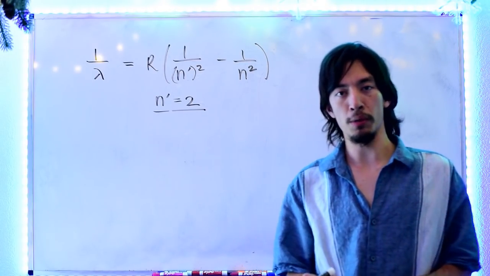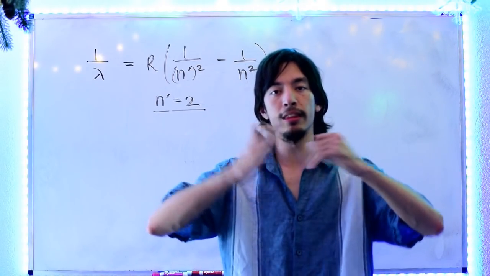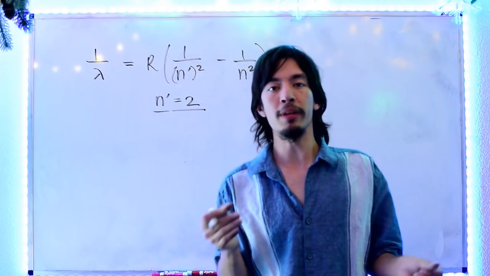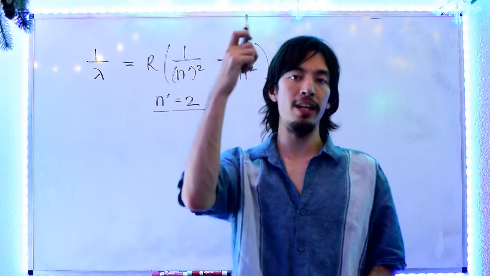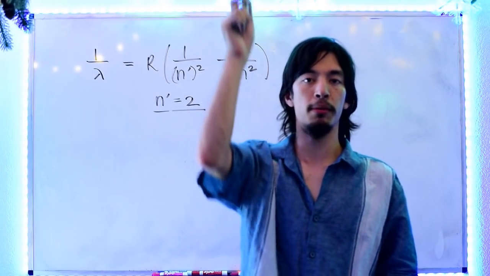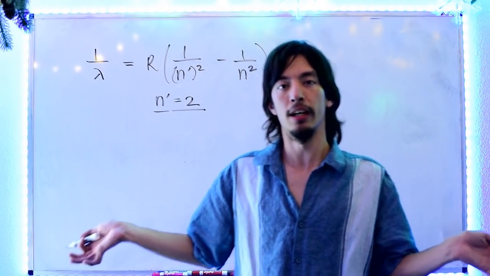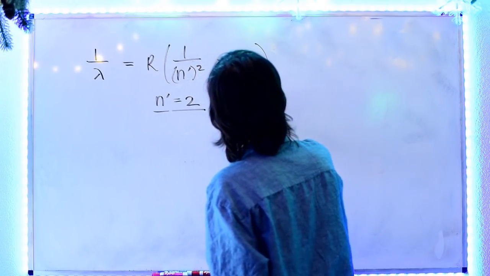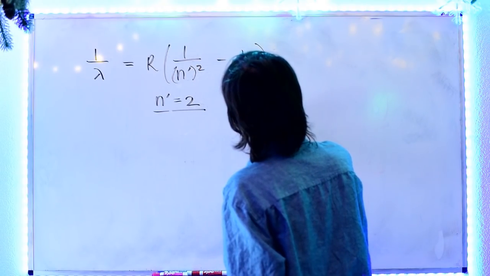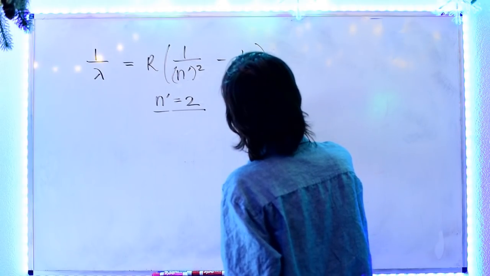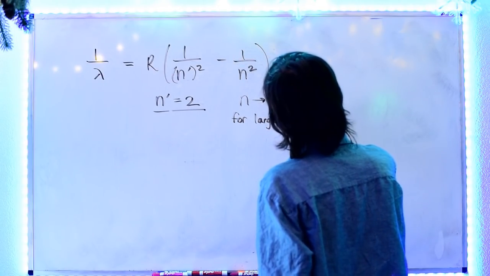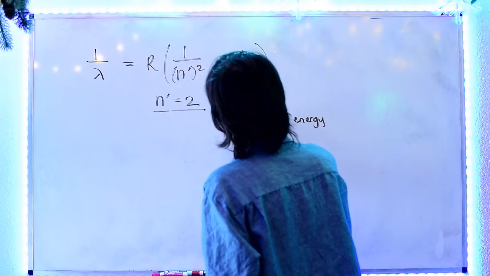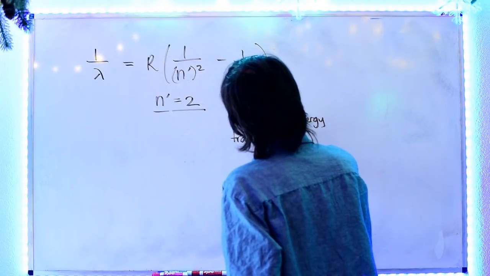I tell you, though, that the energy transition is the largest possible, which means that you keep on going up in the energy level until you hit the maximum, but there is no maximum, it's infinity. So n goes to infinity for the largest energy transition possible.